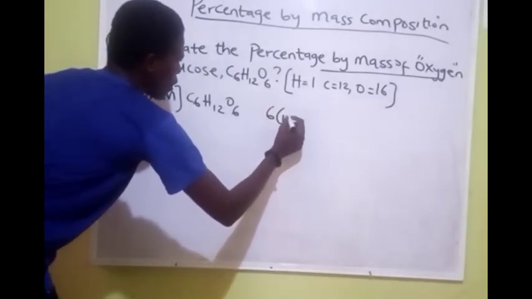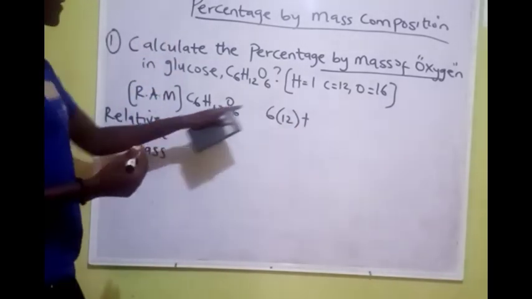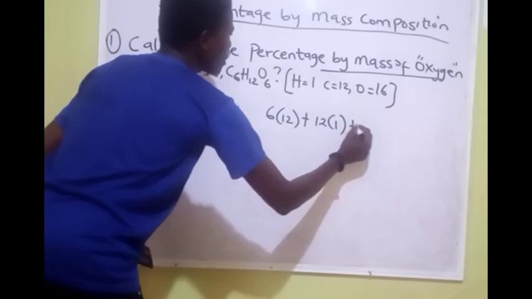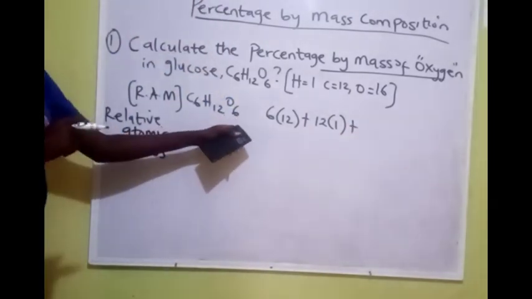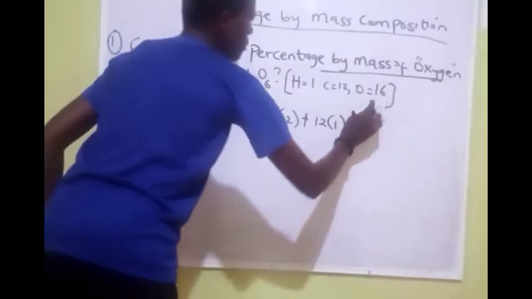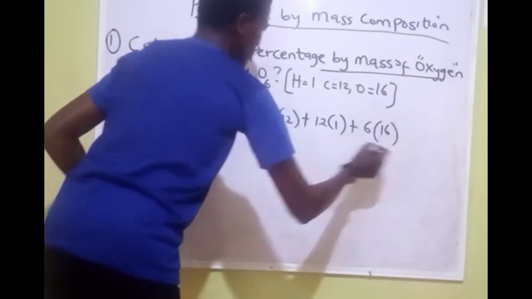6 into 12, okay? Plus, for hydrogen we have 12 here into 1. So 12 into 1 plus, for oxygen here we have 6 subscript into 16, the relative atomic mass here. So we have 6 into 16.